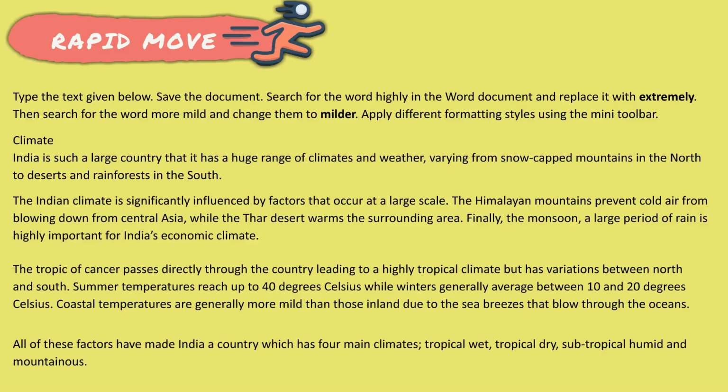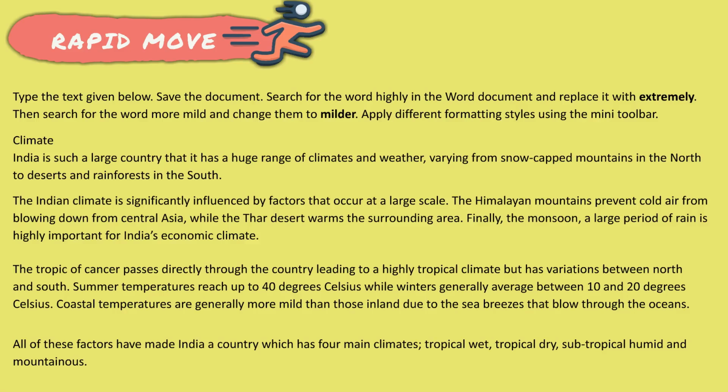Climate. India is such a large country that it has a huge range of climates and weather, varying from snow-capped mountains in the north to deserts and rainforests in the south. The Indian climate is significantly influenced by factors that occur at a large scale.